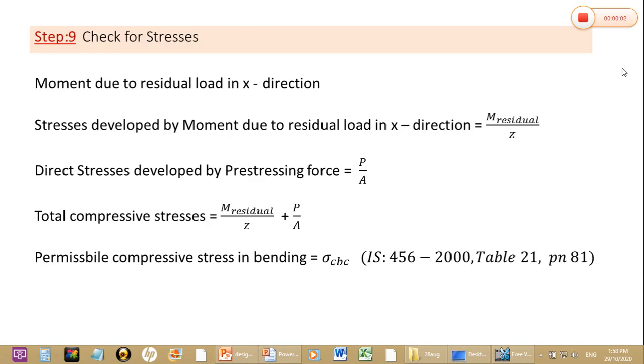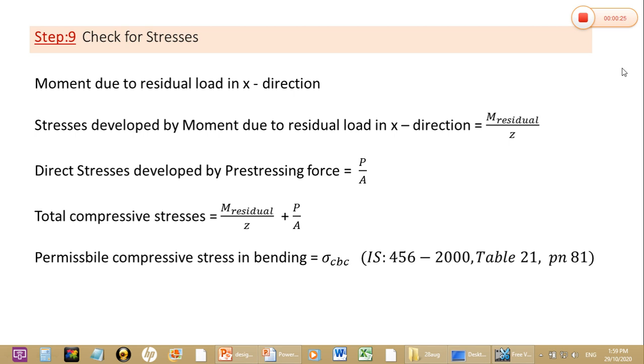Now step number 9 is the check for stresses. This is the last check we have. In this check we are going to calculate the maximum compressive stresses, and we are going to compare these total compressive stresses with the allowable compressive stress.